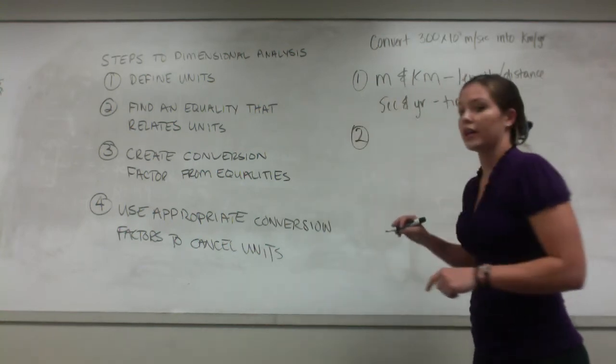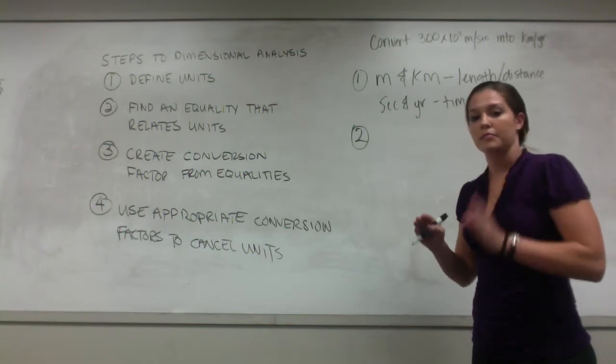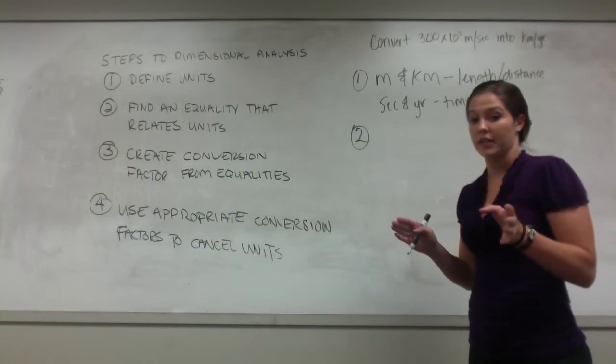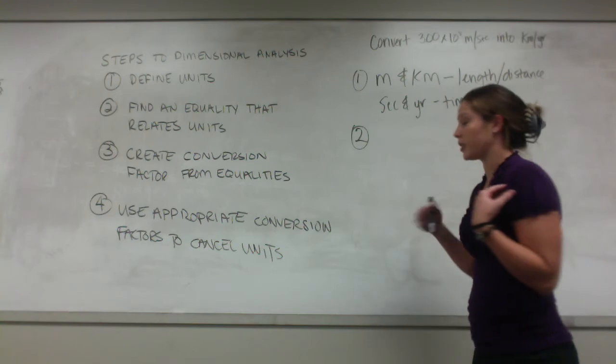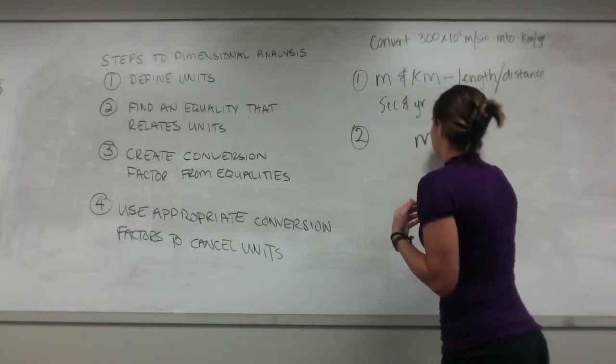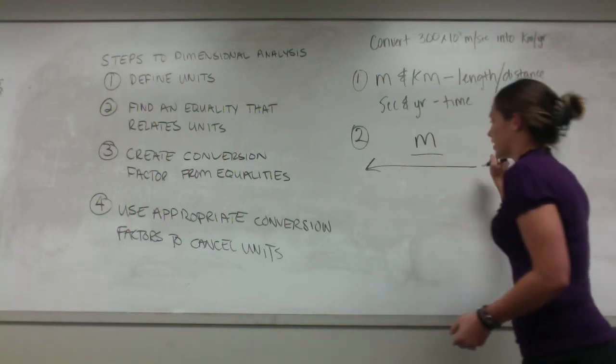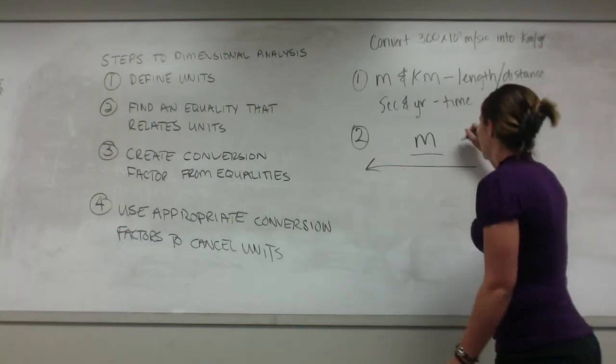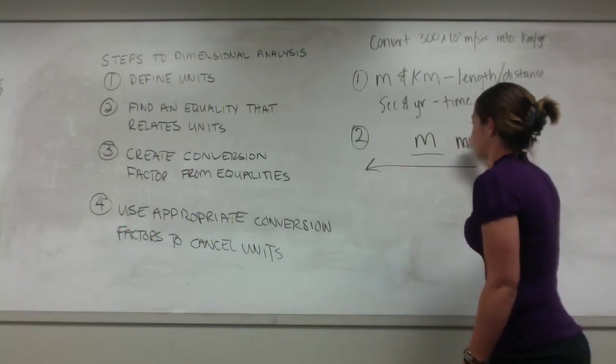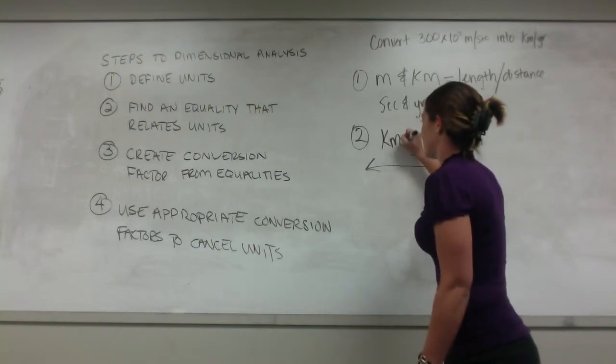All right, so you guys should know millimeters, meters, kilometers, and everything by now. But how I remember it is, here's your meters. This is from smallest to largest. These are going to be your millimeters. These are going to be your kilometers.